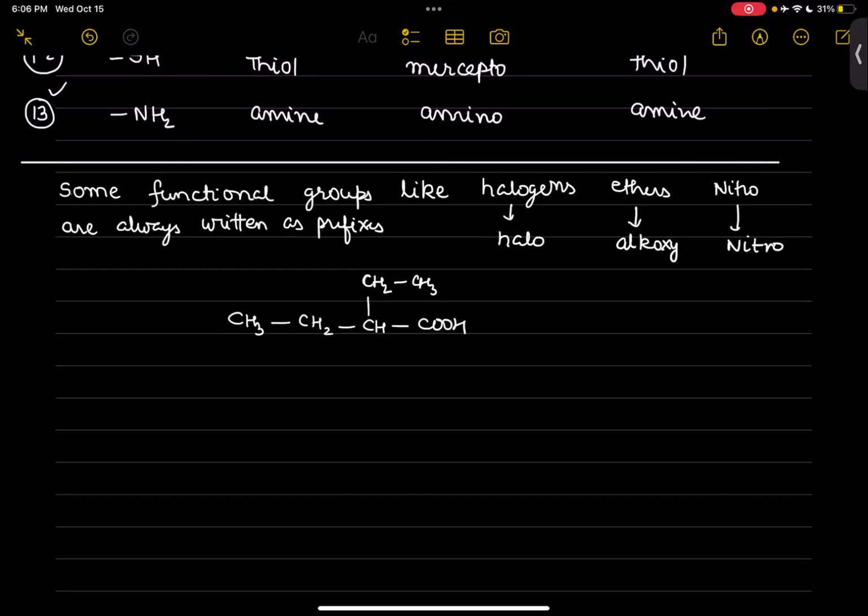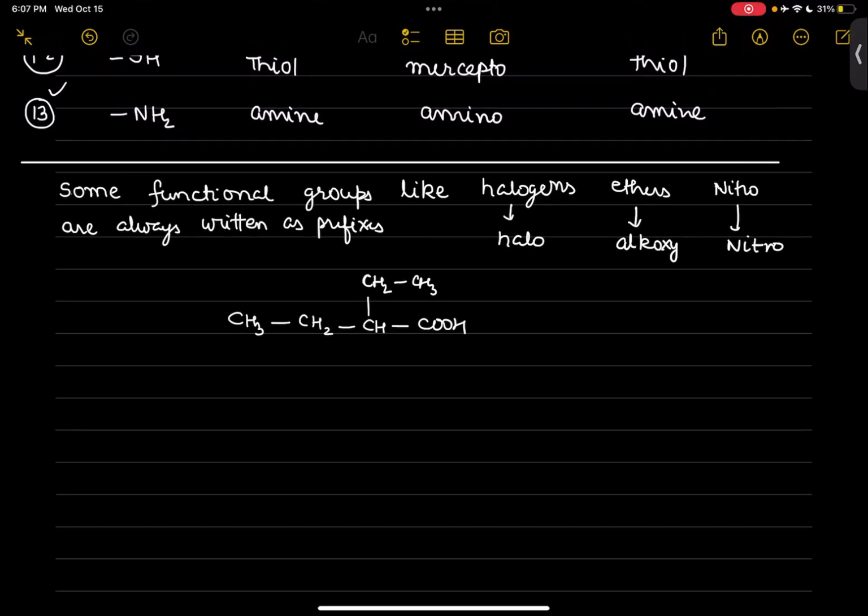Now there is a concern in this question. I can ask you which is the longest carbon chain first of all, and which is the parent chain. Do both questions have the same answer or different answers?